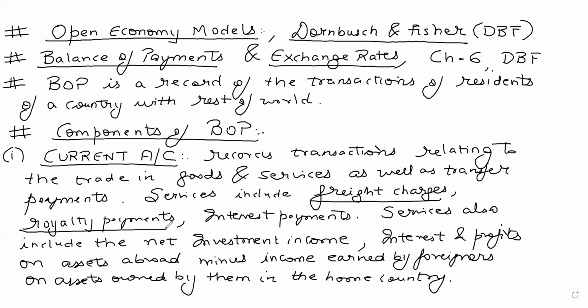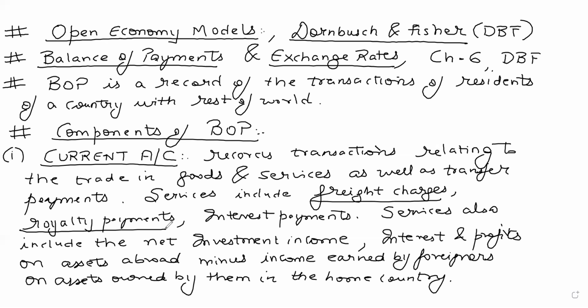Okay, then we have interest payments. There are certain bonds, foreign bonds owned by the domestic residents, and there are certain domestic bonds which are owned by the foreigners. So the interest payments on that, paying and receiving of interest payments.